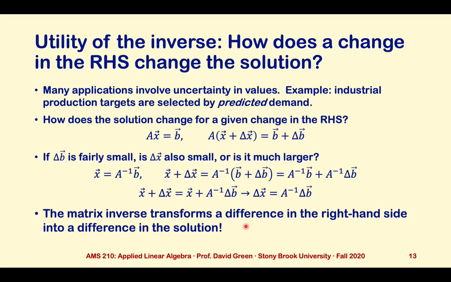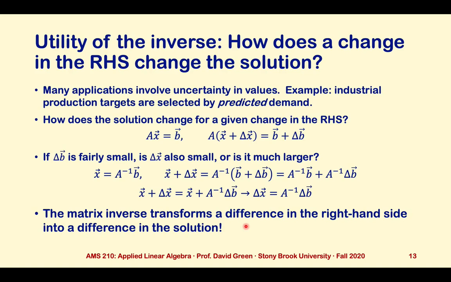Another application of the inverse involves thinking about how changes in the right-hand side lead to changes in the solution. Many applications involve uncertainty in some of the values of the problem. For example, again in the industrial production kind of problem, targets are often selected by predicted demands.